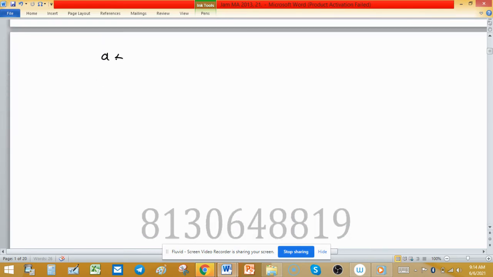as a lies between 0 and 1. So a square or a by 2, a by 2 also lies between 0 and 1. This implies that S1 lies between 0 and 1. So S1 is bounded, meaning the first term is between 0 and 1.